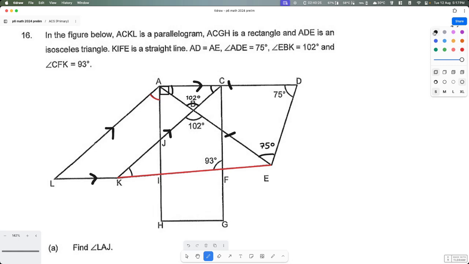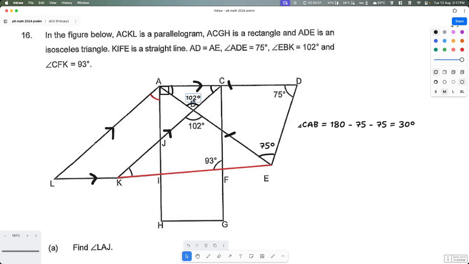Let's begin. We should find CAB, right? Angle CAB is equal to 180 minus 75 minus 75, and this will give us 30 degrees. So now we know that CAB is 30 degrees.